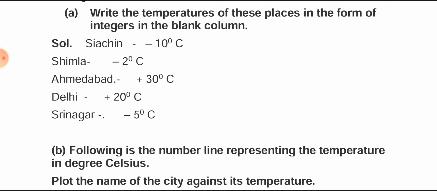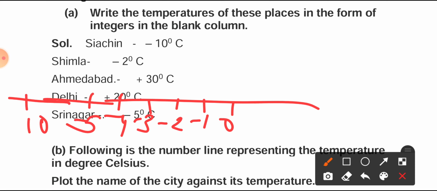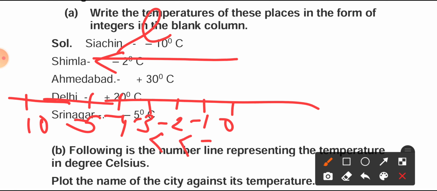If you mark a number line, here 0, minus 1, minus 2, minus 3, minus 4, minus 5, till minus 10. As we know, as we go to the left hand side, the value of the number decreases. So you can see that minus 1 is greater than minus 2. Minus 2 is greater than minus 3.